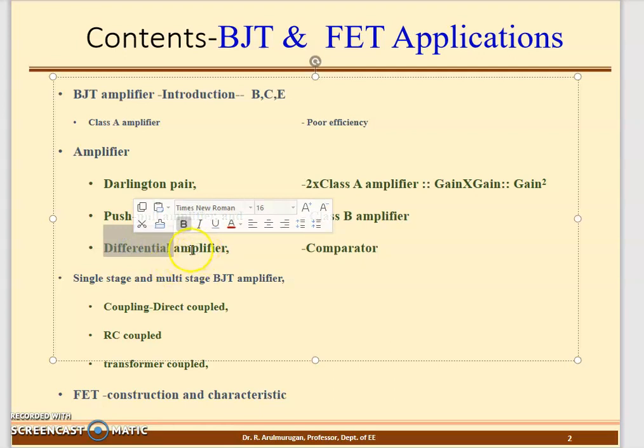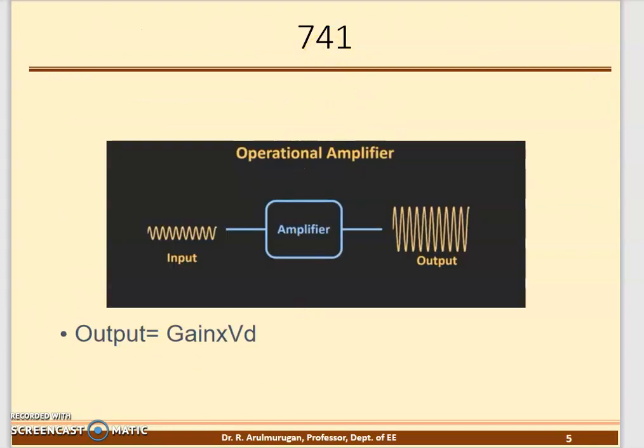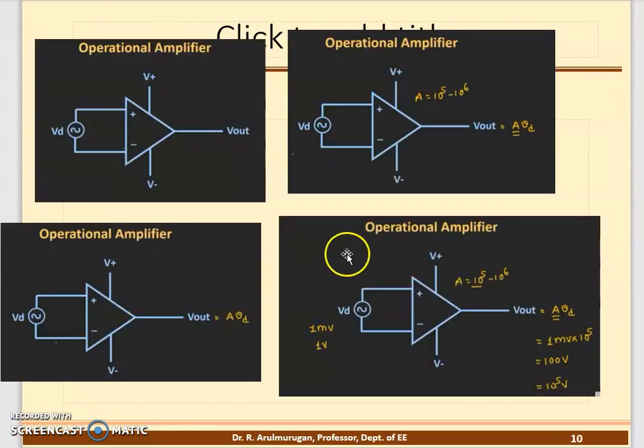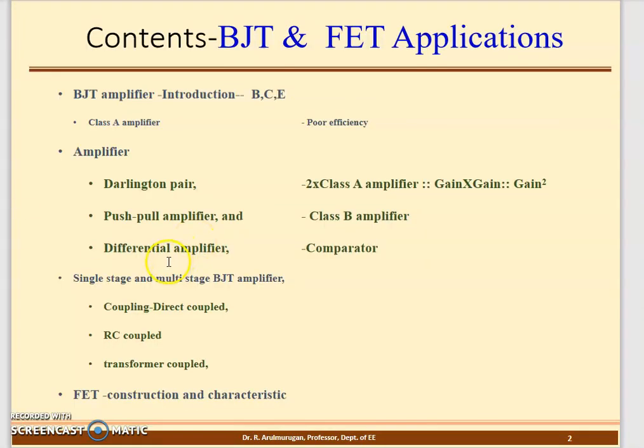It is nothing but how the op-amp comparator works. Similarly, here there are two inputs you are comparing, and the difference is called VD. VD multiplied by the gain is the comparator. Similarly, you do the comparator in BJT.